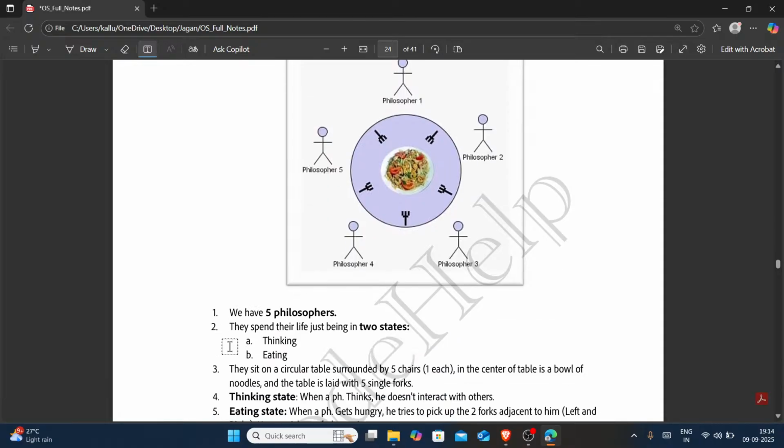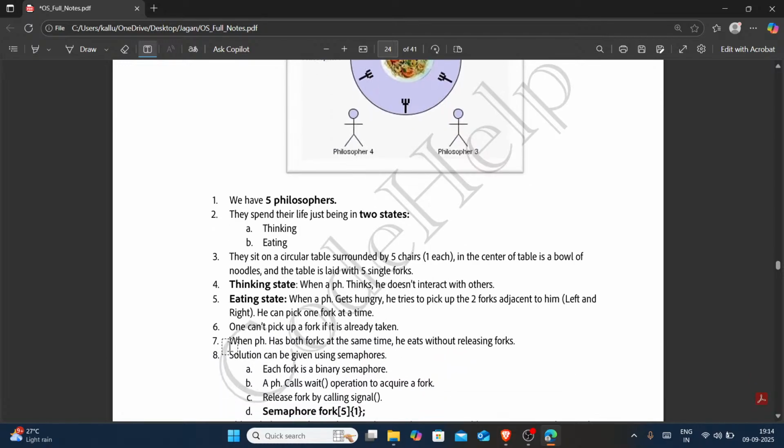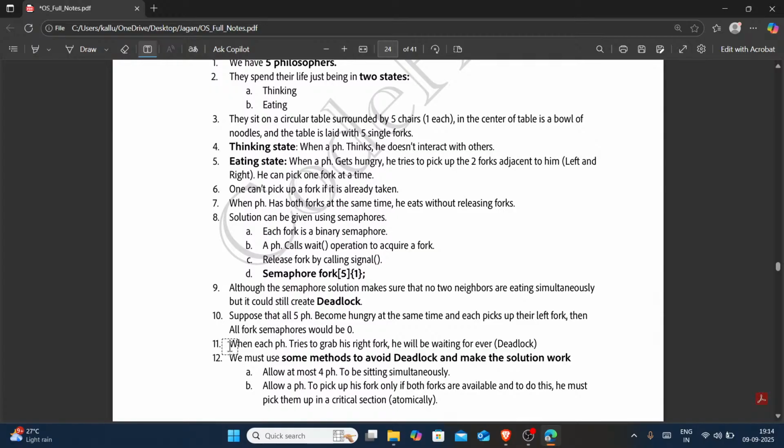They sit on five chairs around the center of a table, thinking. When a philosopher thinks, he doesn't interact with others. Instead, when a philosopher gets hungry, he tries to pick up the forks close to him. He can pick one fork at a time. He can't pick up a fork if it's already taken, and when finished eating, he releases the forks.